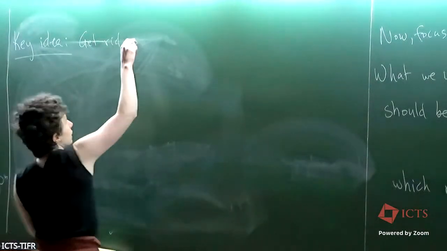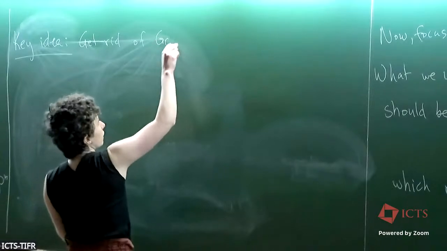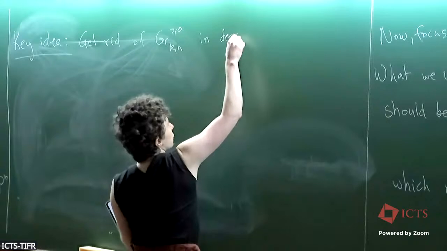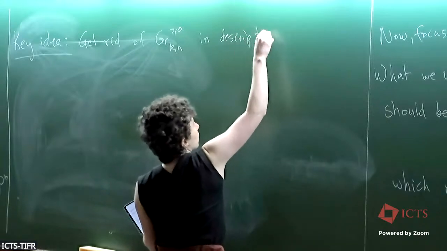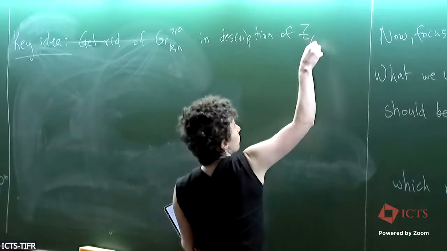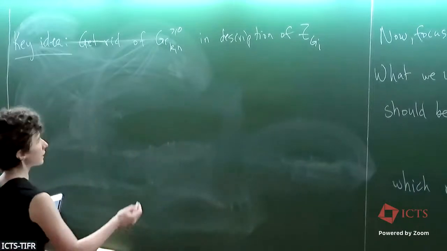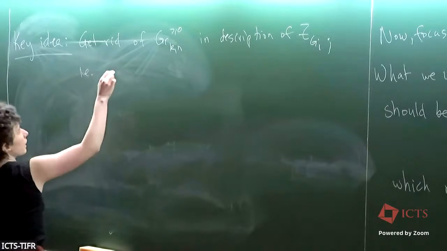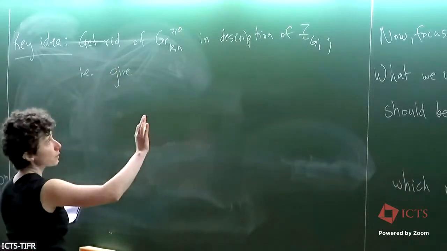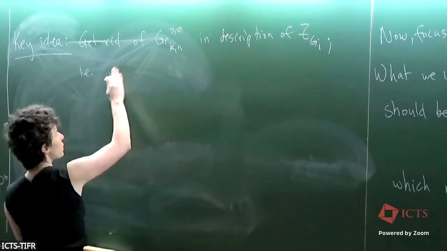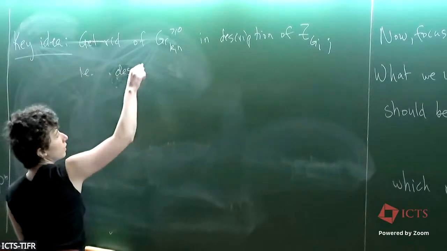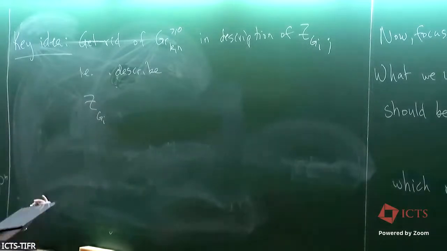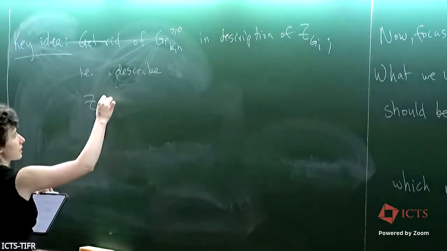So the key idea here is to get rid of this totally non-negative Grassmannian in the description of these tiles. What that means is the very first thing we want to do is describe these positroid cell images as a semi-algebraic subset.